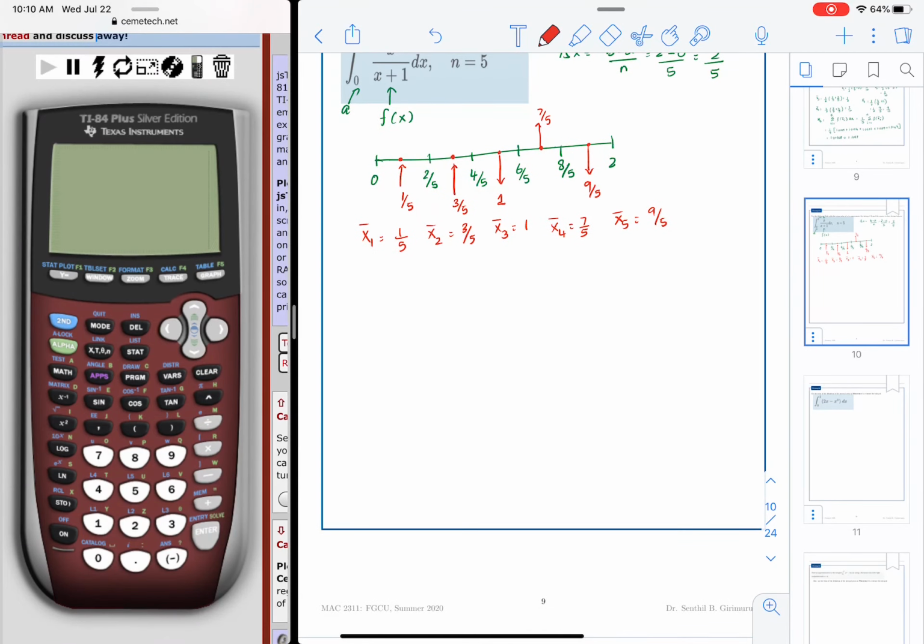The rule simply states the integral 0 to 2 of x over x plus 1 dx can be approximated by evaluating the function at the midpoint and multiplying by delta x. Delta x in this case is simply 2 over 5. So you can pull 2 over 5 out.